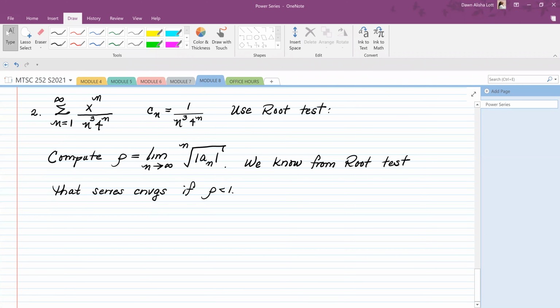So in order to find convergence, I need to find all the places where rho will be less than 1.